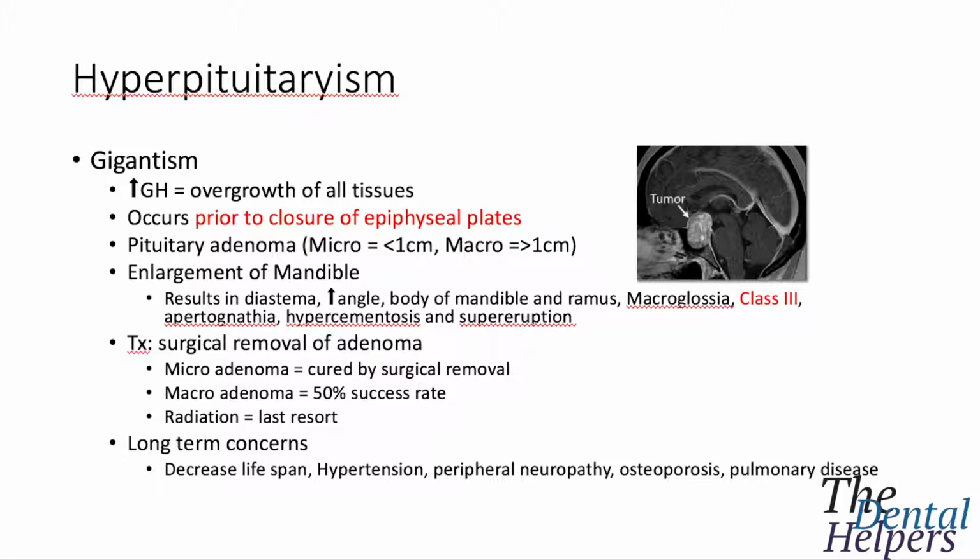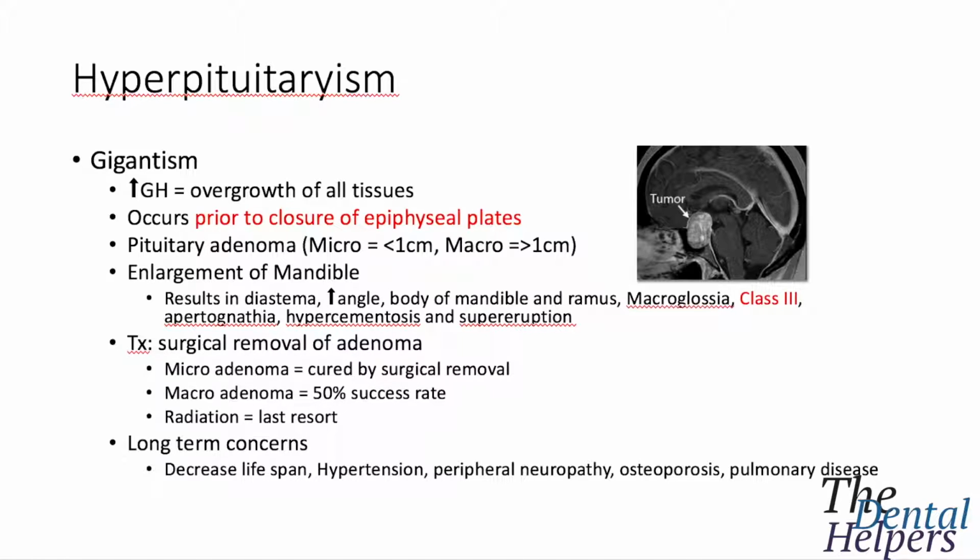This is where you get the tallest man in the world because you're going to keep growing as a result of a lot of growth hormone. And this is usually a result of a pituitary adenoma. A microadenoma is considered less than a centimeter. Macro is going to be greater than a centimeter in size.